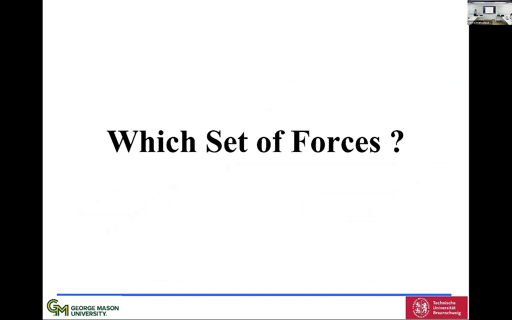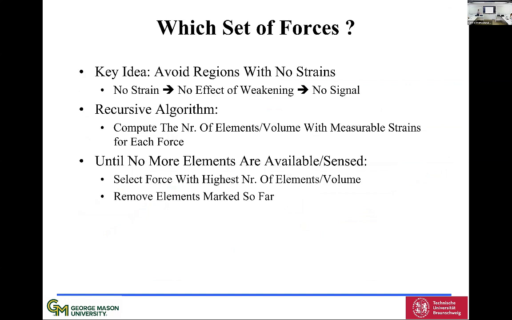Okay, so what set of forces should you apply? How many of these forces do you need in order to recover things? Well, here the argument is very physical. I need to have some kind of strain or some kind of displacement. If I don't have that, I can put any alpha. It's not going to give me any signal. So the important part is to have the structure always loaded.